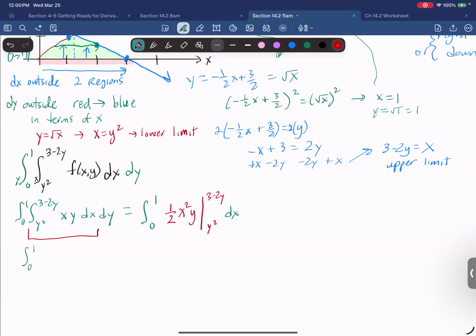I'm not going to rush this. I can put the 1/2 y on the outside. And when I do x squared, I have 3 minus 2y squared minus y squared squared.